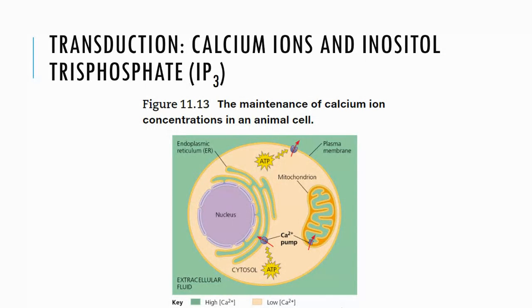We have lots of calcium ions on the outside, relatively low on the inside, but we do have higher concentrations of calcium both in the ER and in mitochondria. And so those will be pumped into the cytosol from those organelles, and then that slight increase in concentration will give us a response like maybe a muscle contraction.